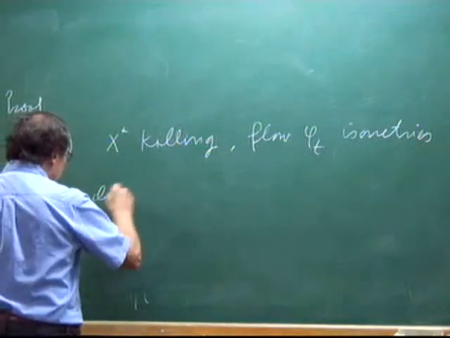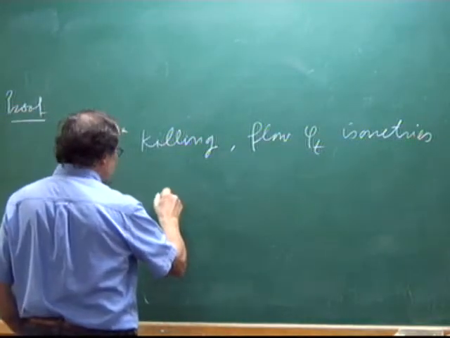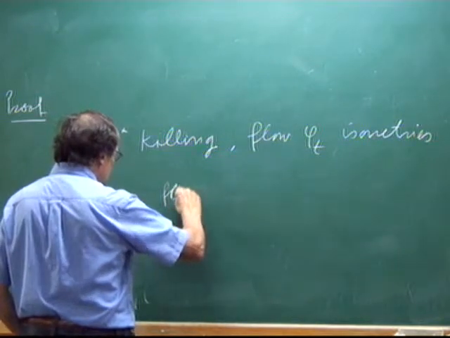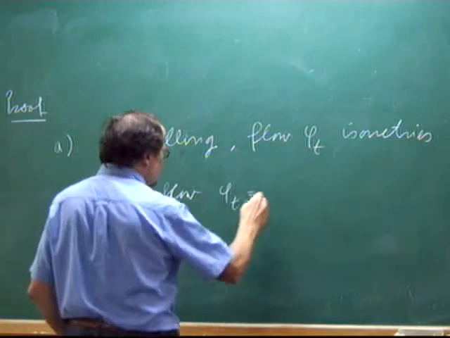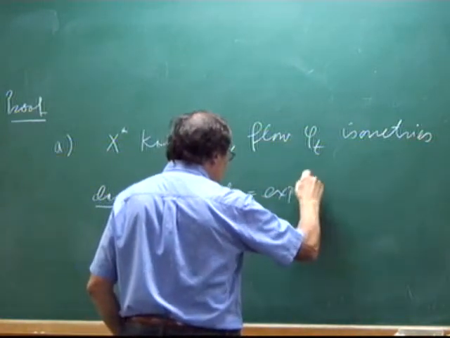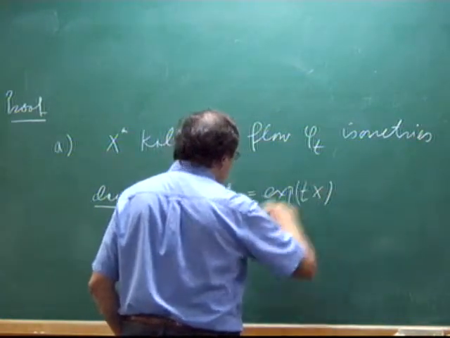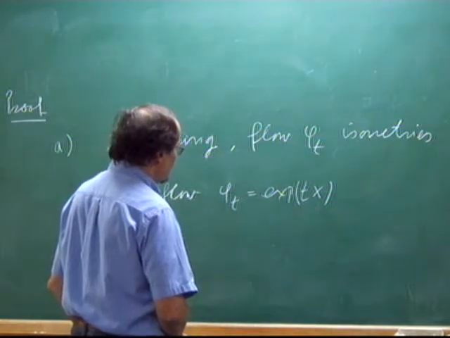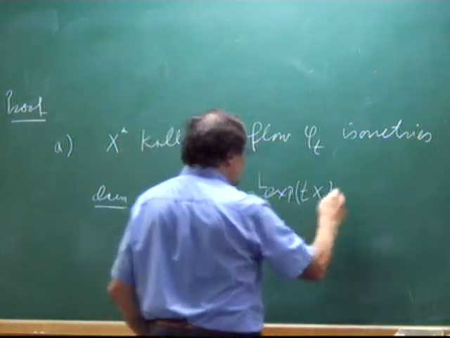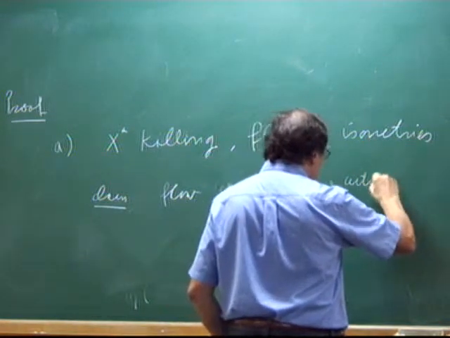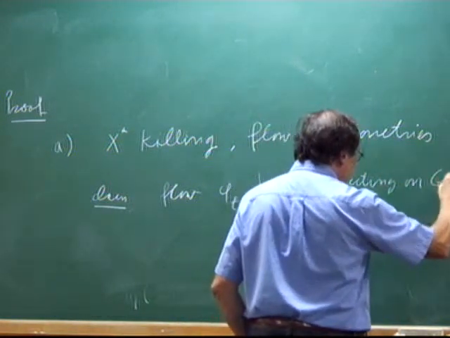We have to prove the claim that the flow phi t is equal to exp tX, or in other words, a left translation by exp tX, acting on G mod K via left translations.